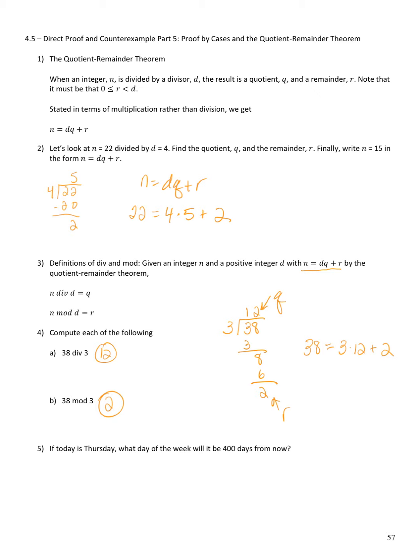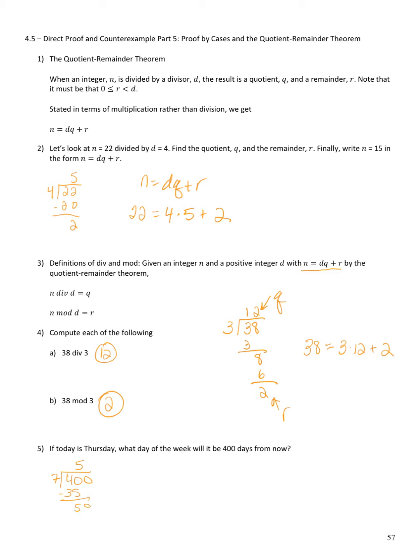So what are these good for? Here's a simple example of arithmetic that involves the quotient remainder theorem. If today is Thursday, what day of the week will it be 400 days from now? We know that every 7 days it would be Thursday again. So we want to know how many full 7-day weeks pass, and then how many days are left over. 400 divided by 7: 7 goes into 40 5 times, and 5 times 7 is 35.